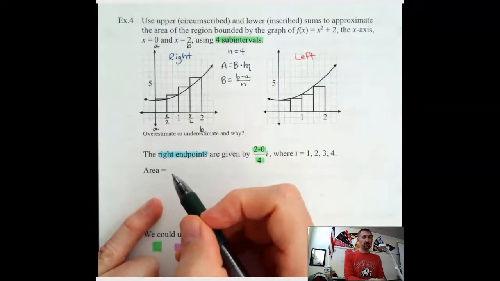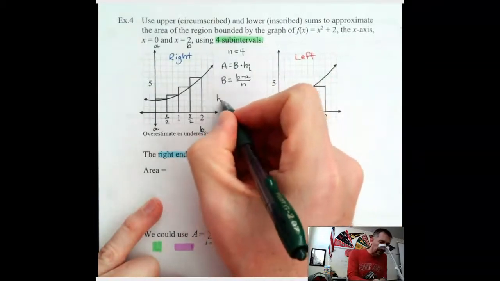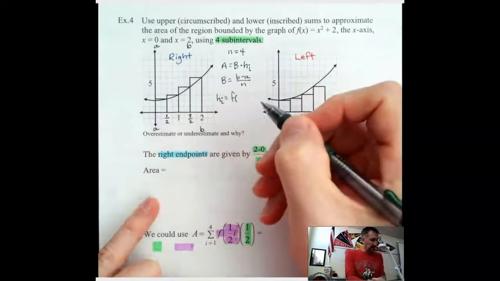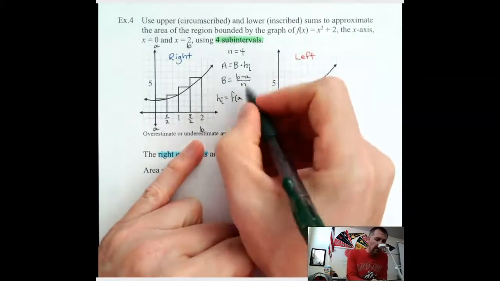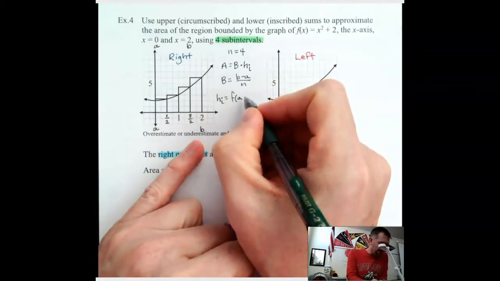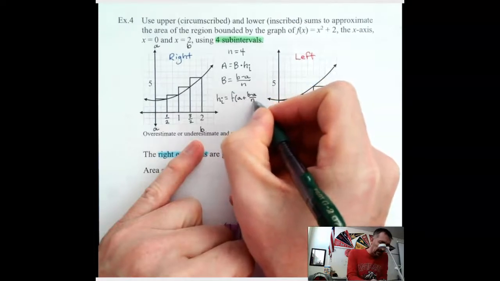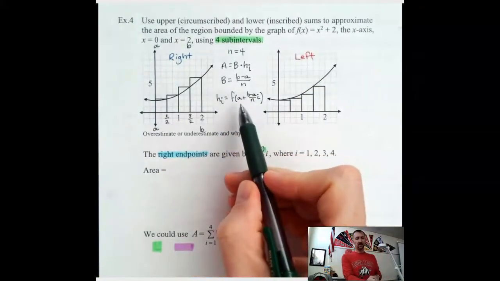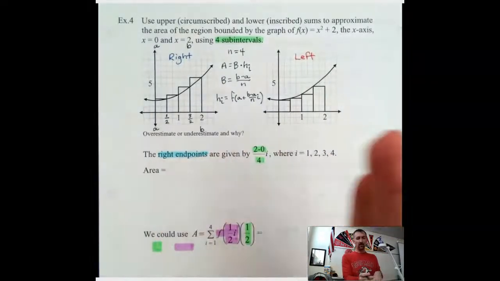All right? And then the height is a little bit trickier. The height is going to vary by the function, and that's going to be the starting number plus (b minus a) over n times i. So that is the starting number plus the base moving over each time.